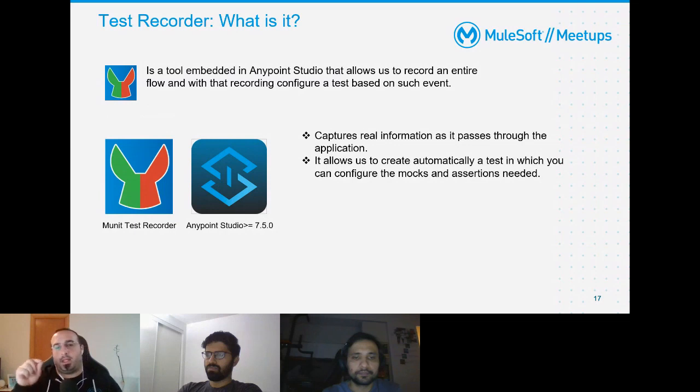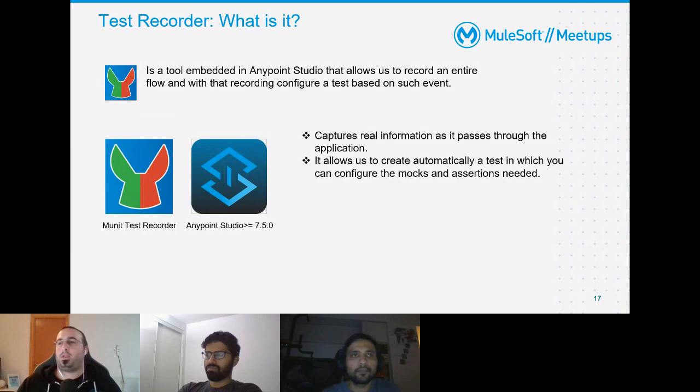Every time that our information goes from processor to processor or in the event, test recorder is retrieving that information, and we can choose if we want to save it a little bit later. It allows us to create automatically a test in which you can configure the mocks and assertions needed. This is pretty good.